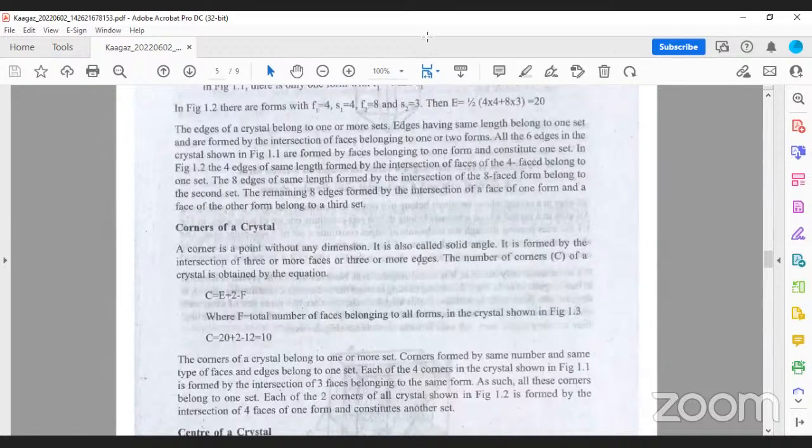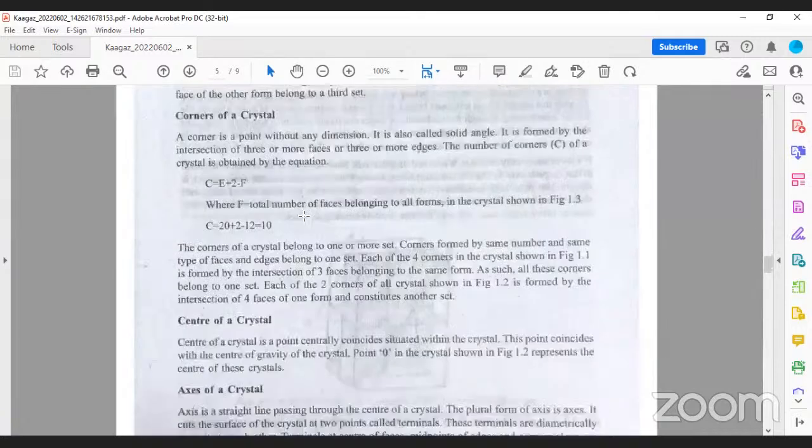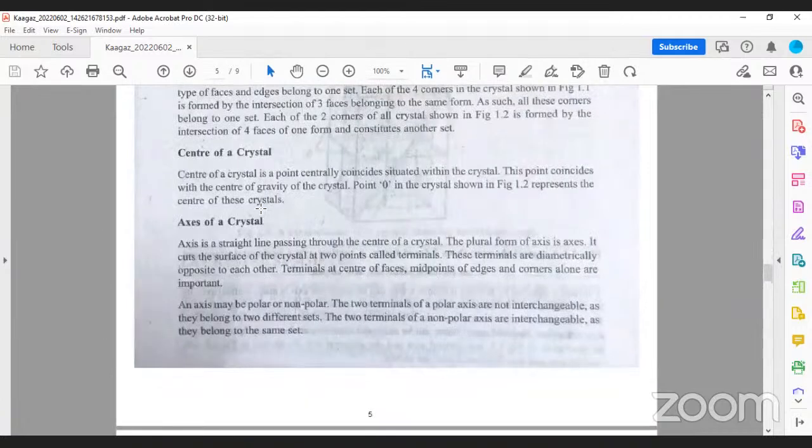We will discuss all the elements of crystals tomorrow. Elements of symmetry is another topic: the center of symmetry, axis of symmetry, also called the symmetry of elements.